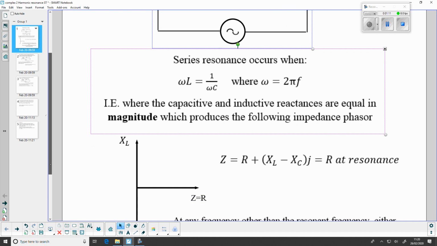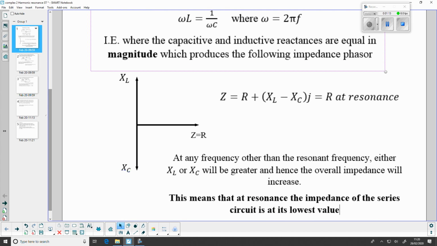So effectively, this line up here represents XL. If that is the same length as this line here, which represents XC in the negative 90 position, the overall reactance is 0, X overall, because we use this formula.